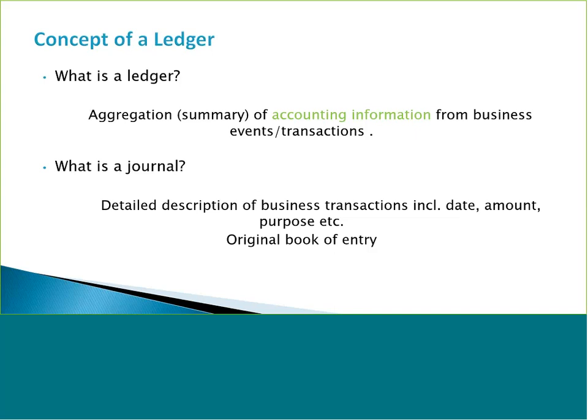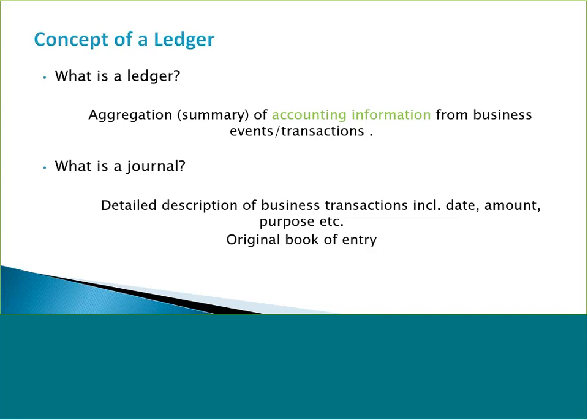So how are these business events recorded and posted in a ledger? Business events are recorded or captured through journals, and the meaning of a journal is it's a detailed description of a business transaction, and some of the information that may be captured in a journal may include the date, amount, and the purpose of this journal.